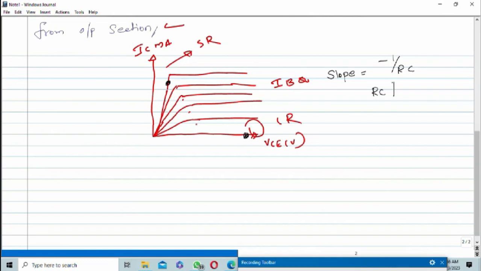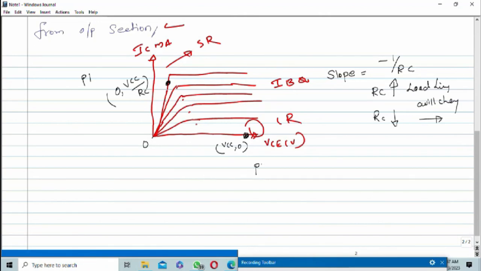If RC is increased, our load line will change. If the RC value decreases, the load line will also change. Here this is the 0 value. So 0 comma VCC by RC is one point, and VCC comma 0 is the other point. This is point 1, this is point 2.